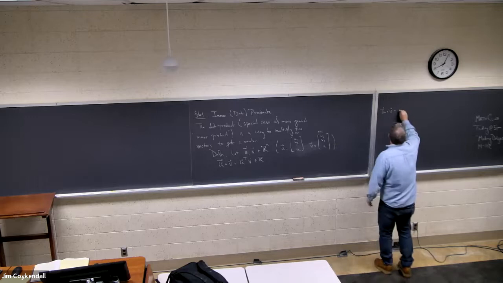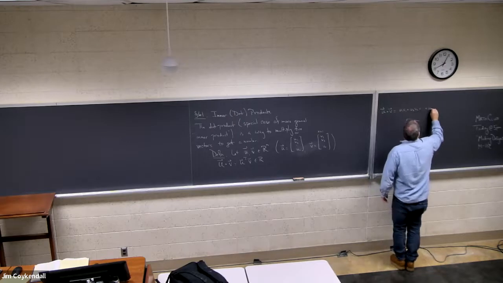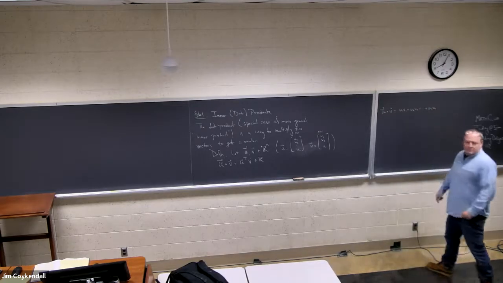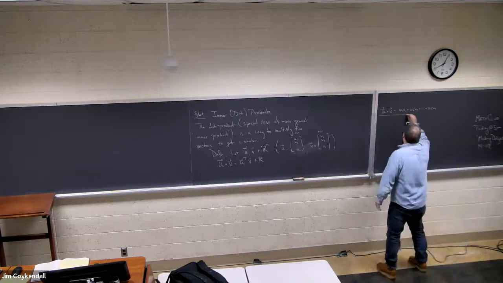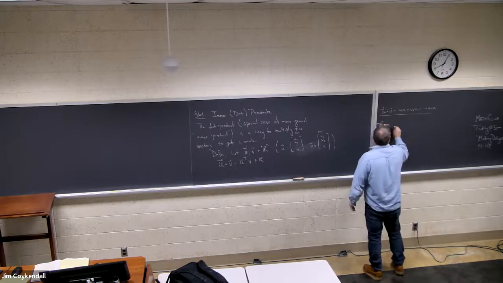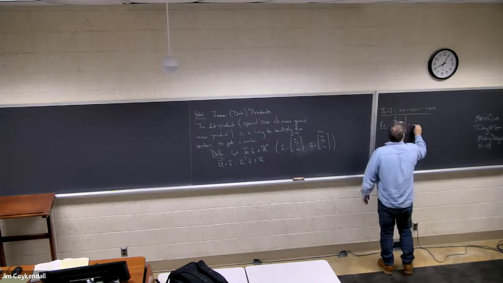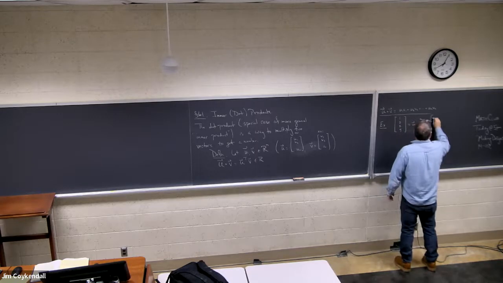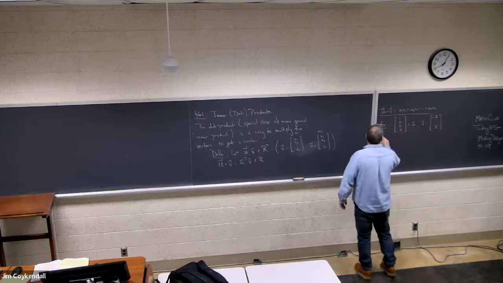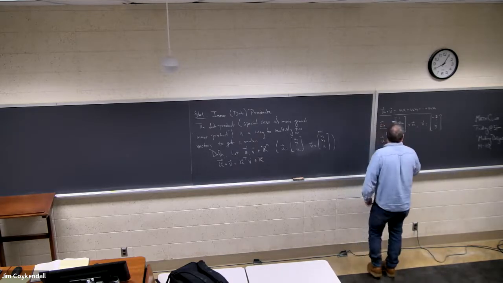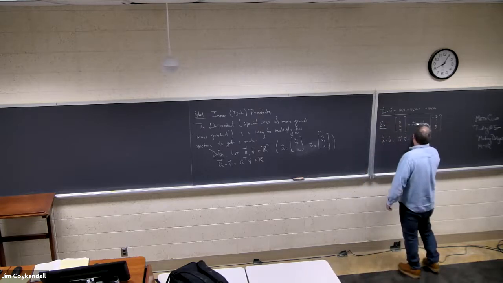This is just the number u1 v1 plus u2 v2 and so on. So for example, this is pretty easy to answer. If I have u and say v is, then u dot v is u transpose times v.